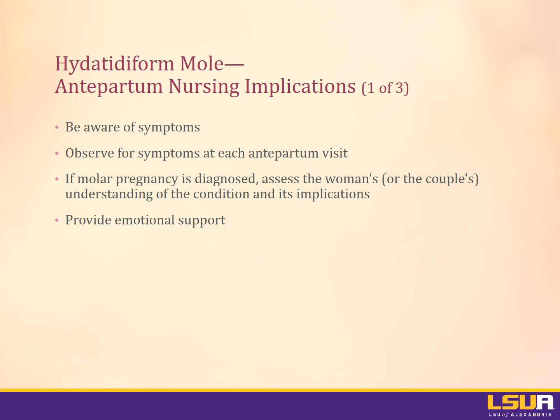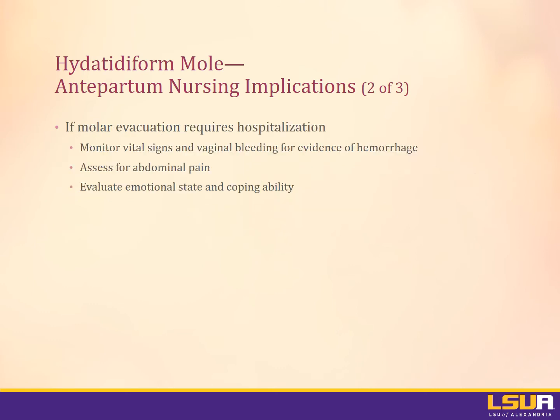If it's a molar pregnancy, we need to make sure they understand what the condition is and what the implications are, and provide emotional support, because more than likely she's going to have to undergo chemo. The evacuation does require hospitalization. We have to assess for signs and symptoms of hemorrhage, abdominal pain, and her emotional state again, and her coping ability.